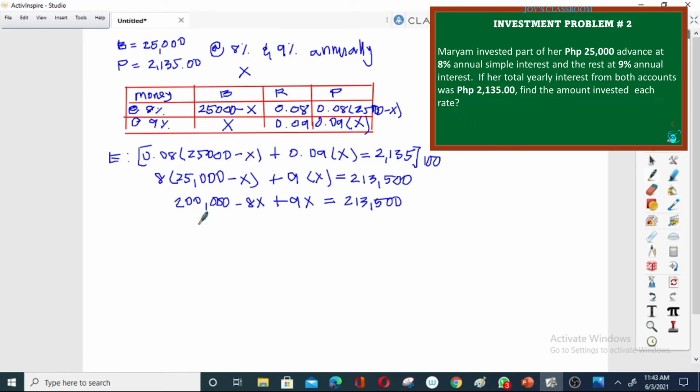Transpose 200,000 to the right, and let us combine negative 8x plus 9x, which is x. So 213,500 minus 200,000, x is equal to 13,500 at 9%.